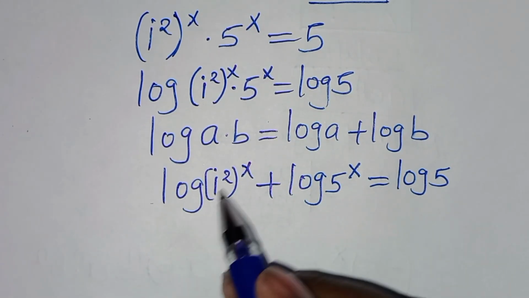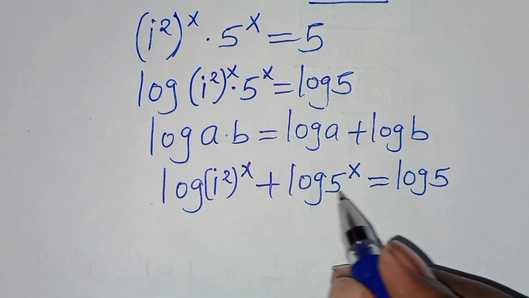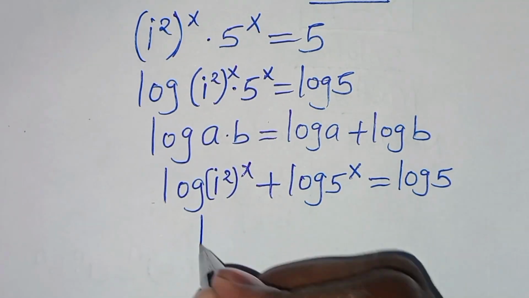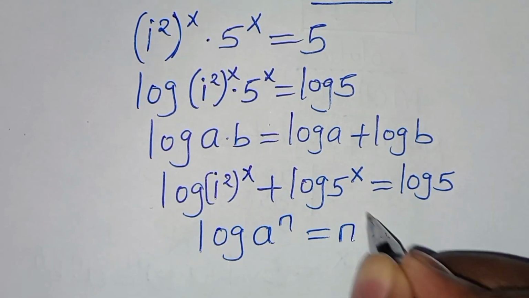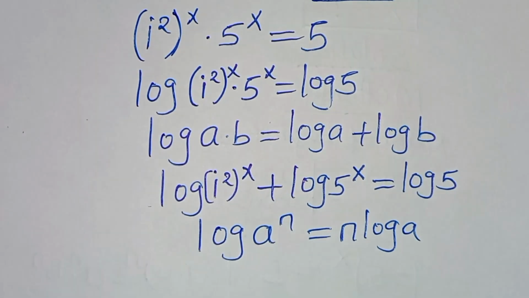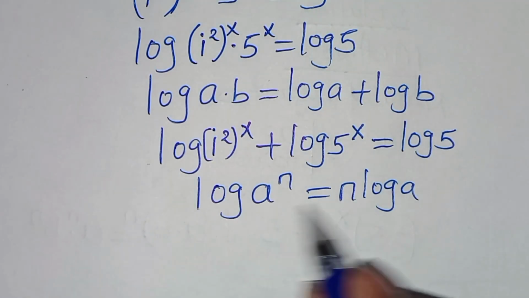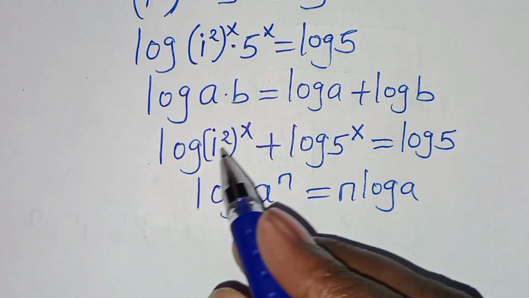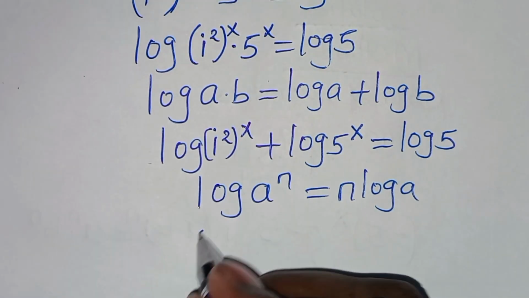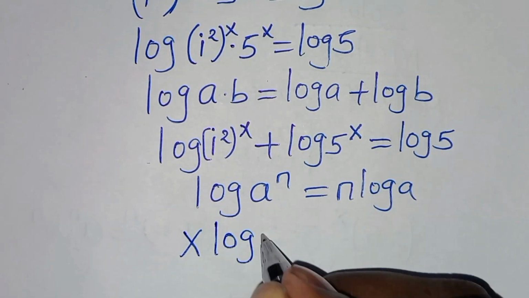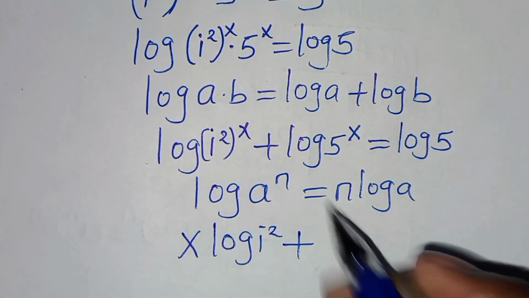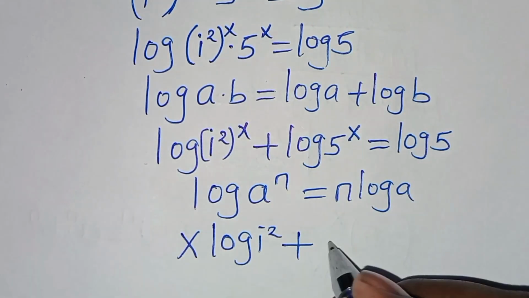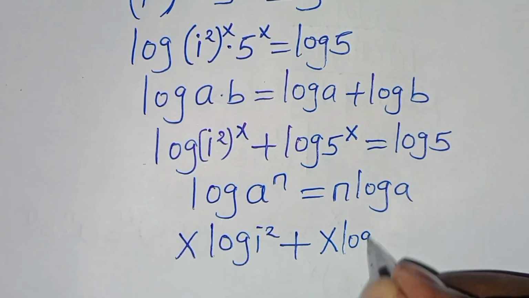Then you find that log i squared to power x and log 5 to power x, this is in the form of log a to the power of n, which we can express as n log a. Applying this power rule property of logarithm, then log i squared to power x becomes x log i squared, then plus, here we have log 5 to power x becomes x log 5.